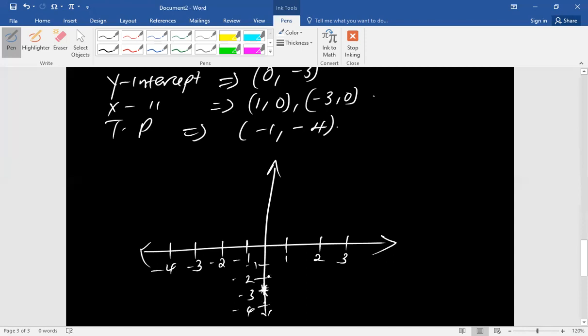That's the y-intercept. And then we have 1, 0, which is here, and -3, 0, which is here. And we have -1, -4, which is this point.